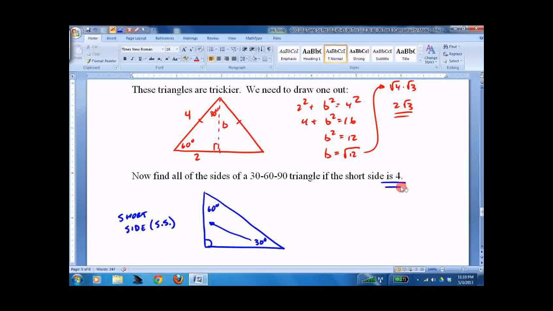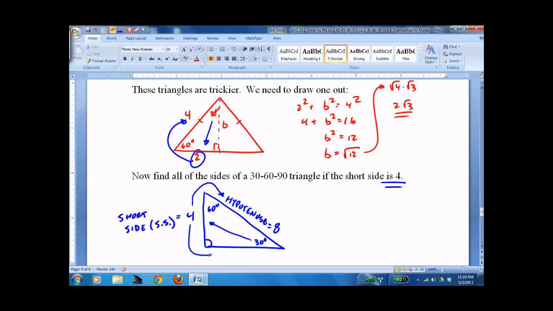And in this triangle, we're told it's 4. Always find the short side first, because once that's found, everything else is easy. To get to the hypotenuse, double it. And that's what happened here. You were short side and you doubled it.